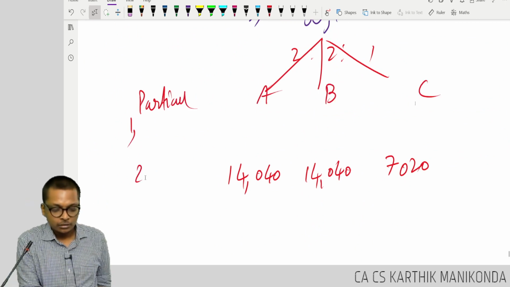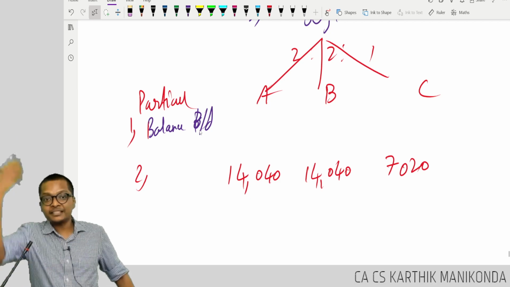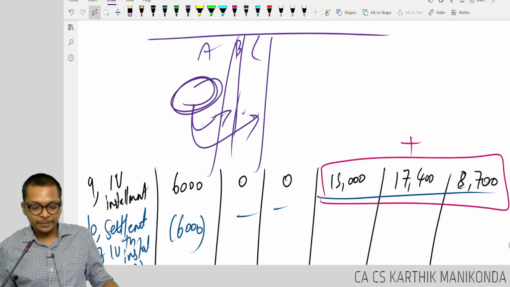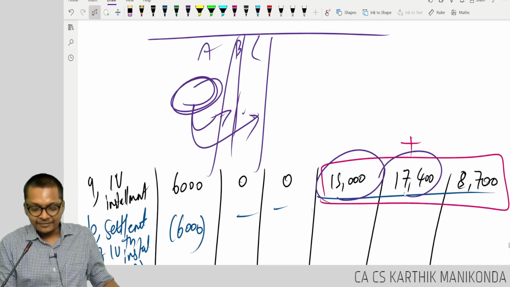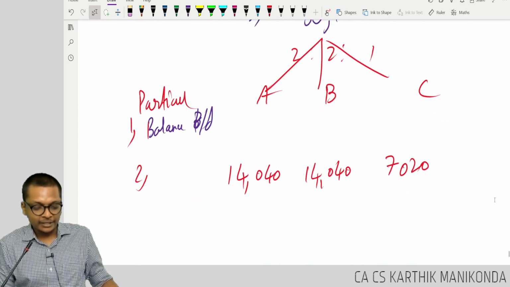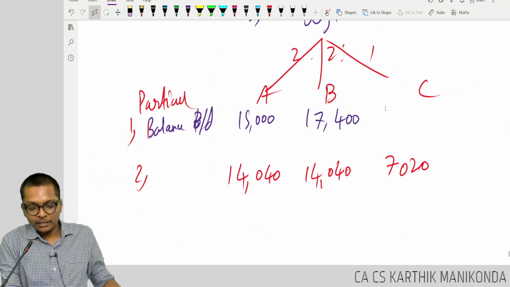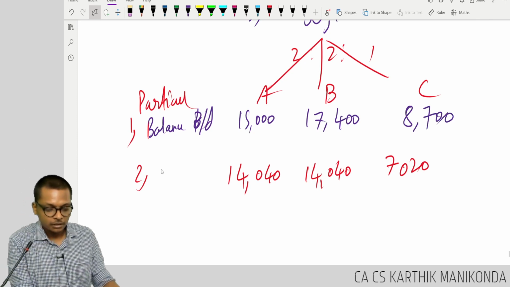So again I will write particulars A, B, C. First I write the balance brought down from the previous working note, the capital statement: 15,000, 17,400, 8,700. So in working note 2 you will write how much? 15,000, then 17,400, 8,700.